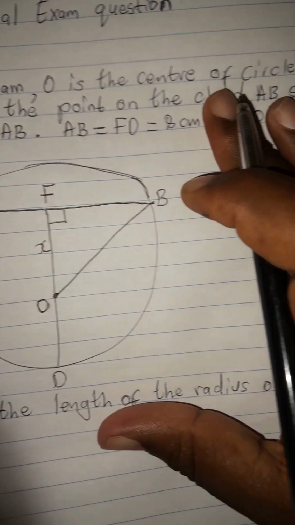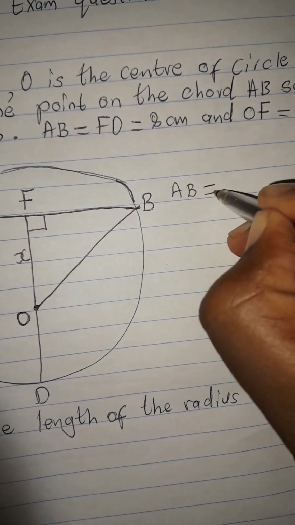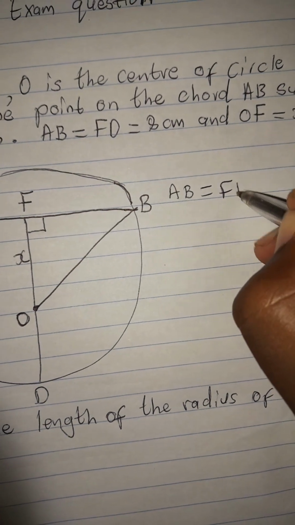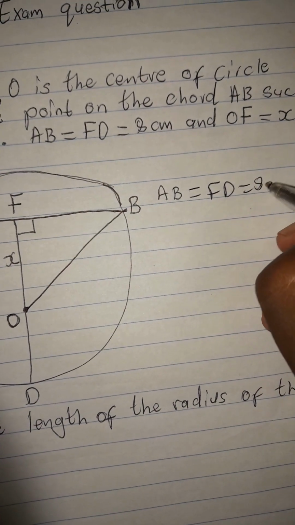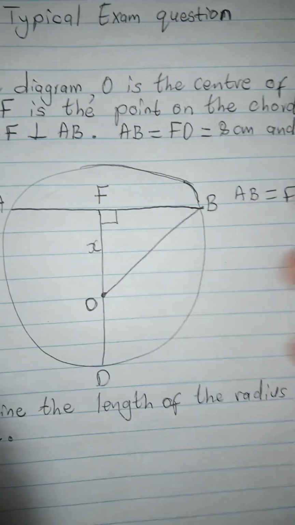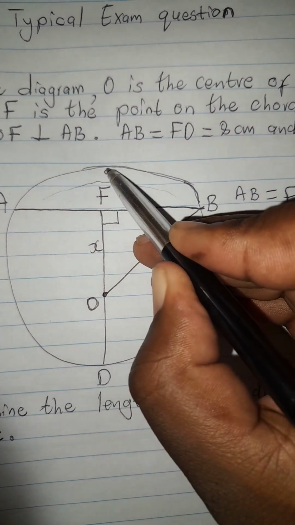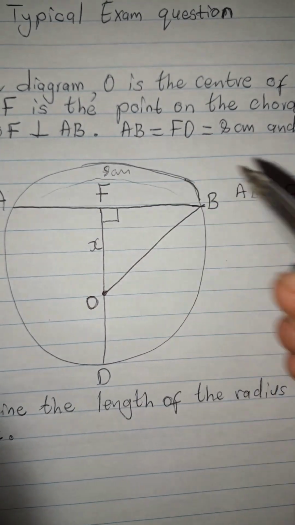So let's write that first. AB is equal to FD, which is equal to 8 centimeters. Meaning that AB is 8 centimeters.